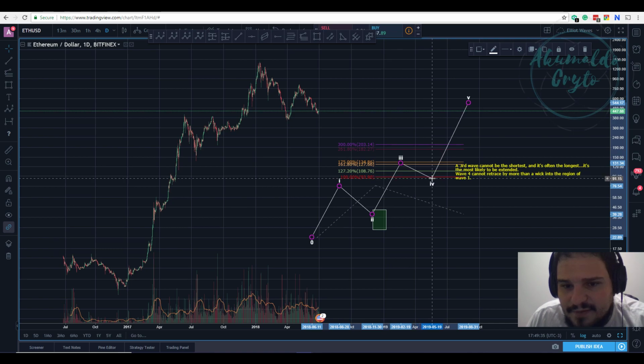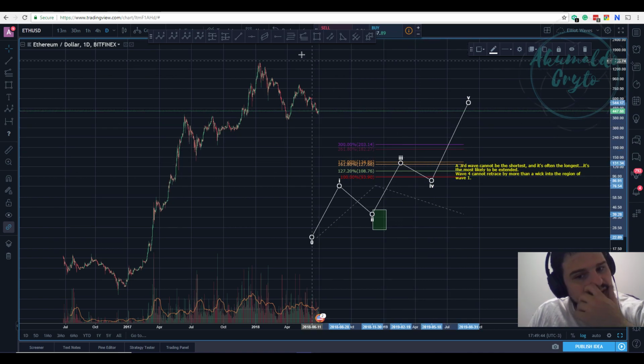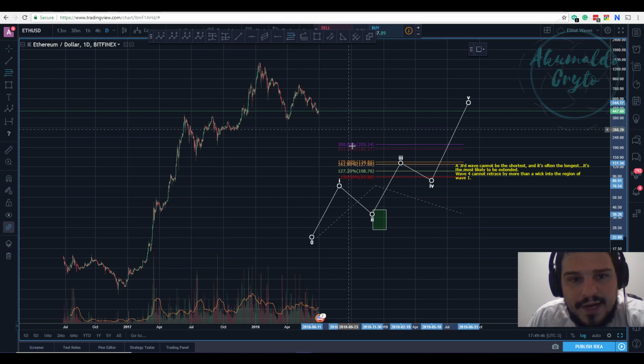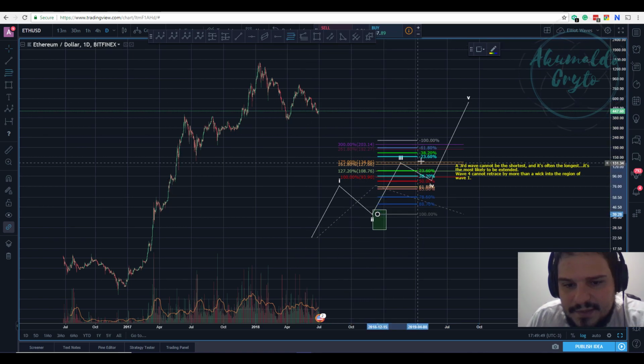Then we have another retracement, another correction, which is wave 4. Wave 4 usually corrects a bit less than wave 2.